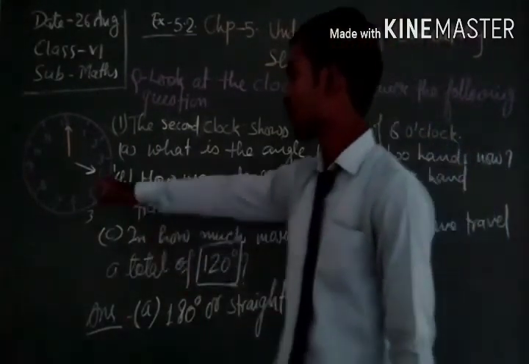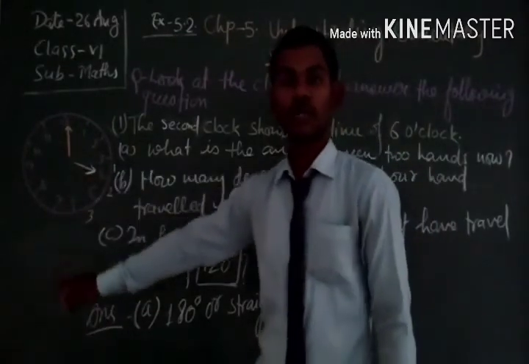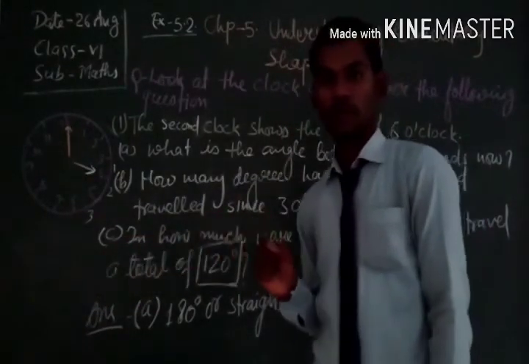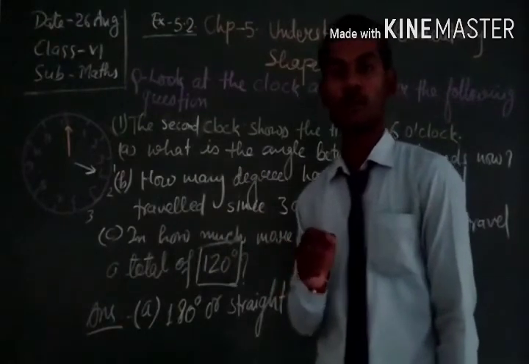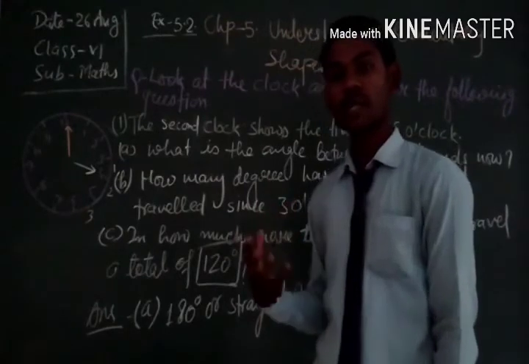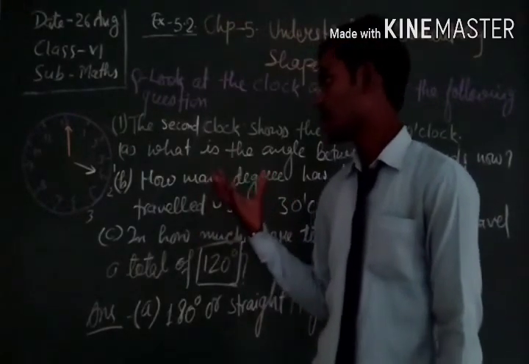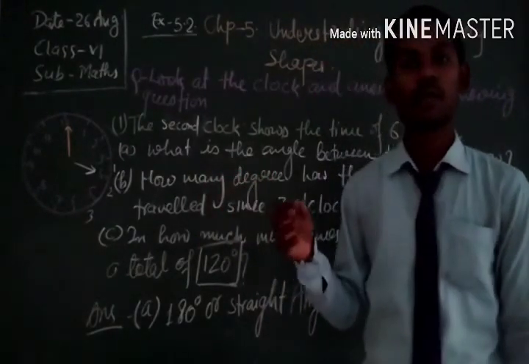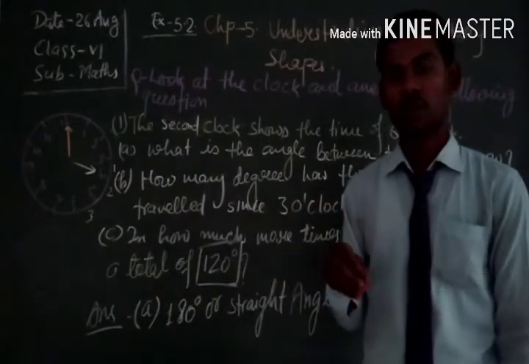Okay, so in the figure there is 120 degrees formed, and here we have to find how much time is taken by the hand to form a 120-degree angle.